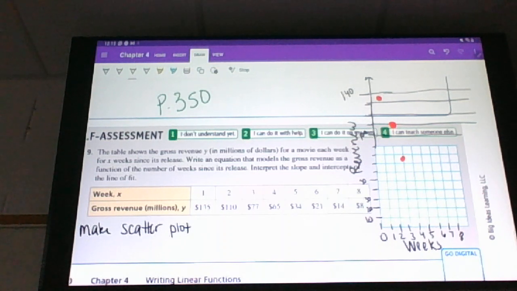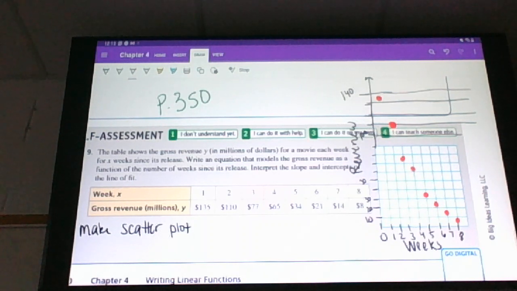Week 4, $65 million. Week 5, in half, we're down to $34 million. Week 6, $21 million. Week 7, $14. Week 8, $8 million.